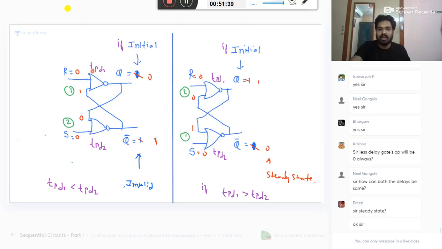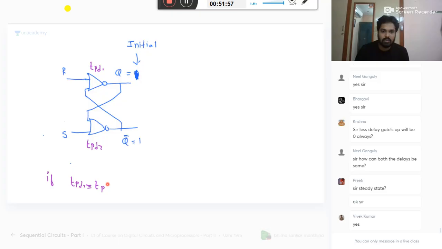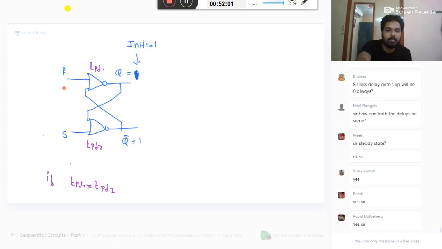But ideally, let me take that both the gates have the same delay. This is ideally possible, practically no. Is it clear? If TPD1 is equal to TPD2.